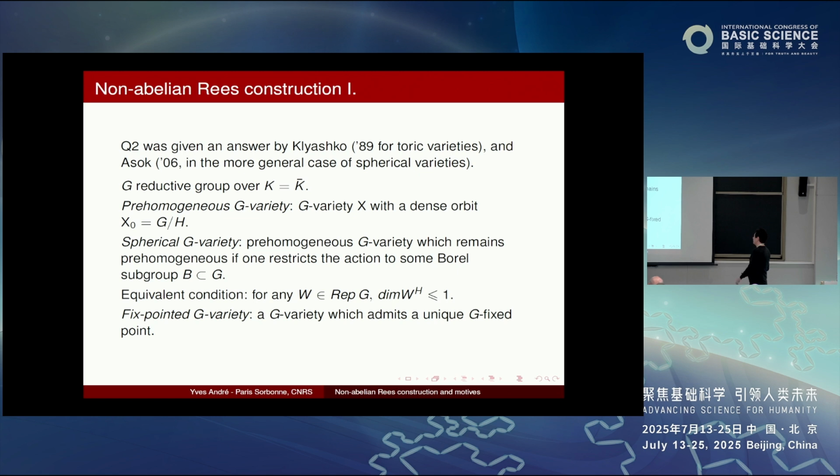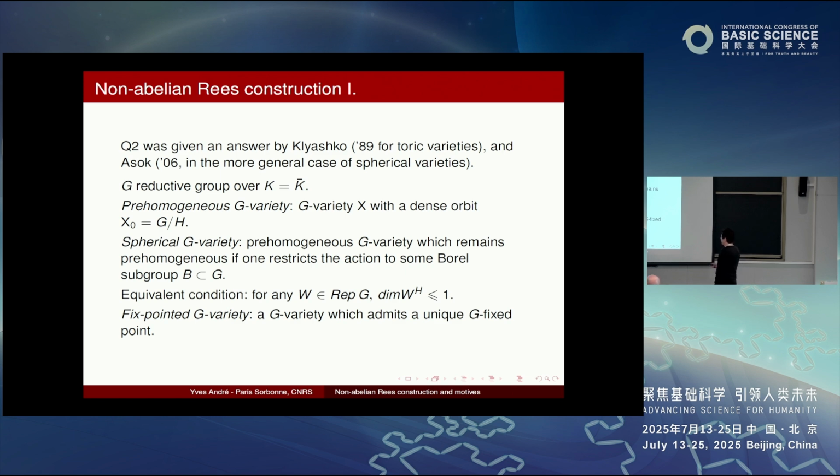For any representation W of G, the H-invariants in W form a space of dimension less than or equal to 1. This is a condition for it to be spherical. And as you see, this depends only on X naught, in fact, on G and H.